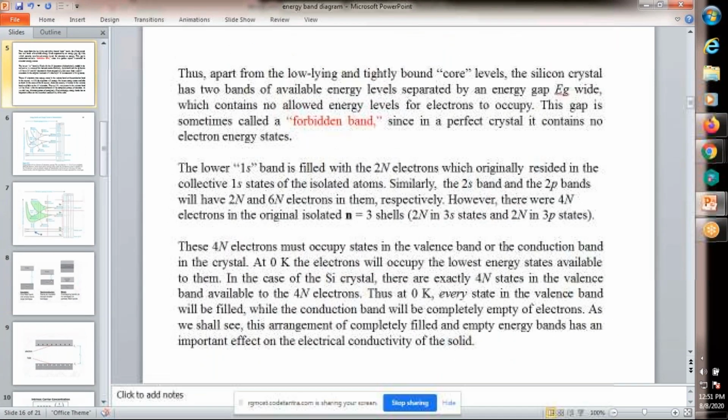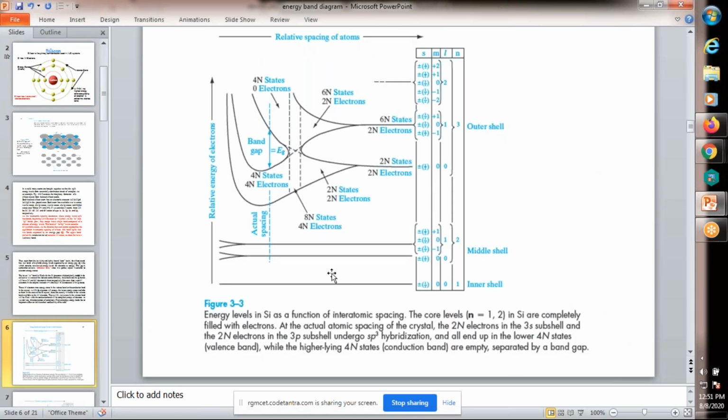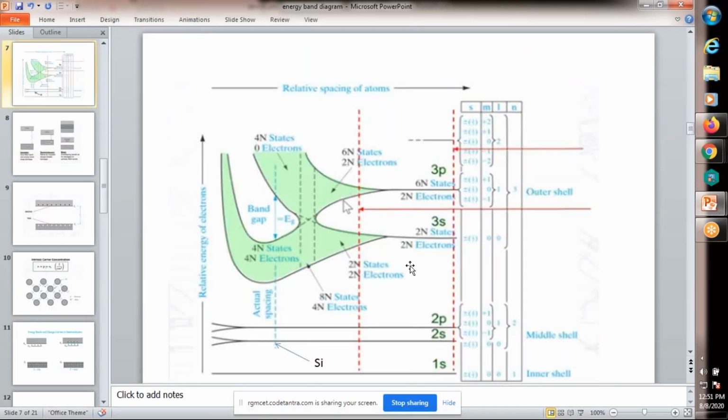Once again, the main thing here is the energy levels and electron positions in discrete, single isolated silicon atoms. When we consider a solid, all these energy levels are disturbed.